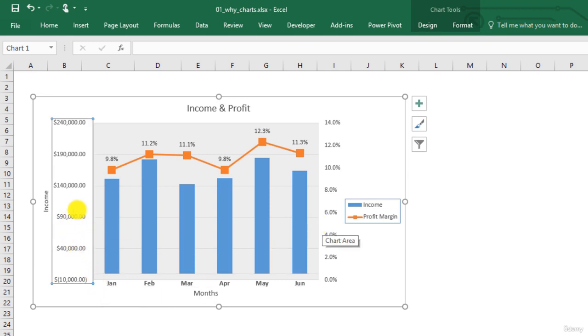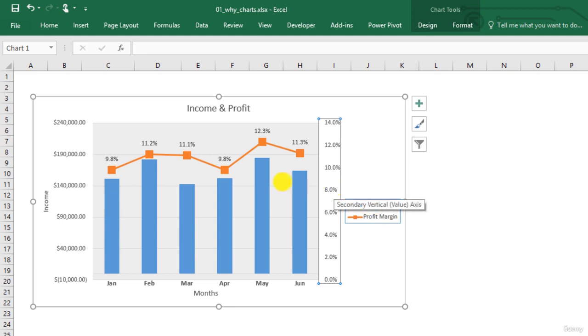The one on the left is called the primary vertical axis, and the one on the right is called the secondary vertical axis. We have created these two axes because there is a huge difference in the values of income and profit margins. While the values of income are in the thousands, the value of profit margin is in decimal points.